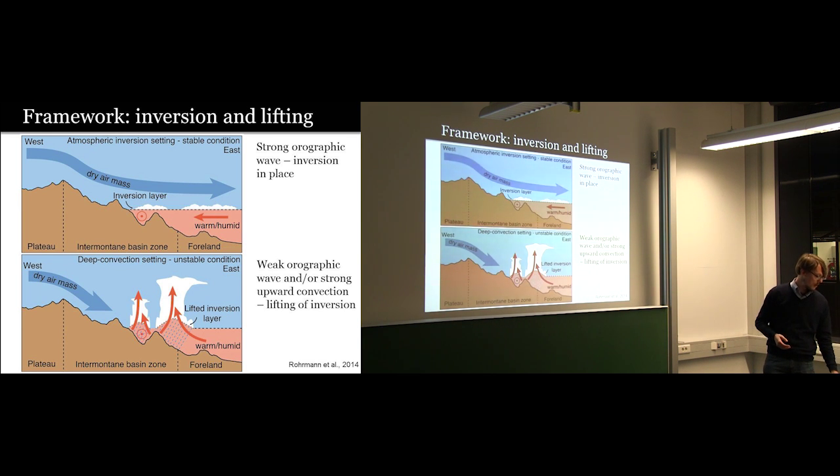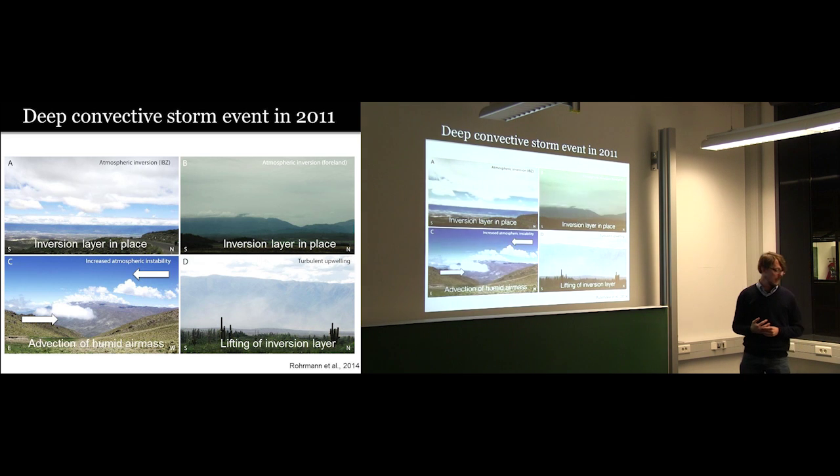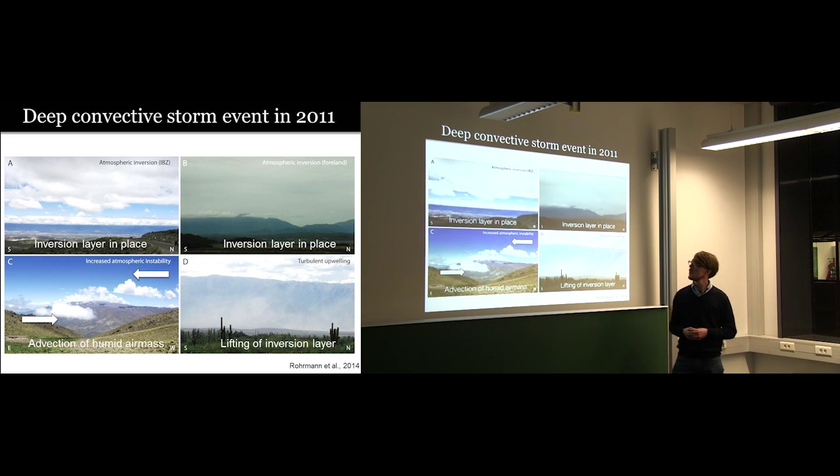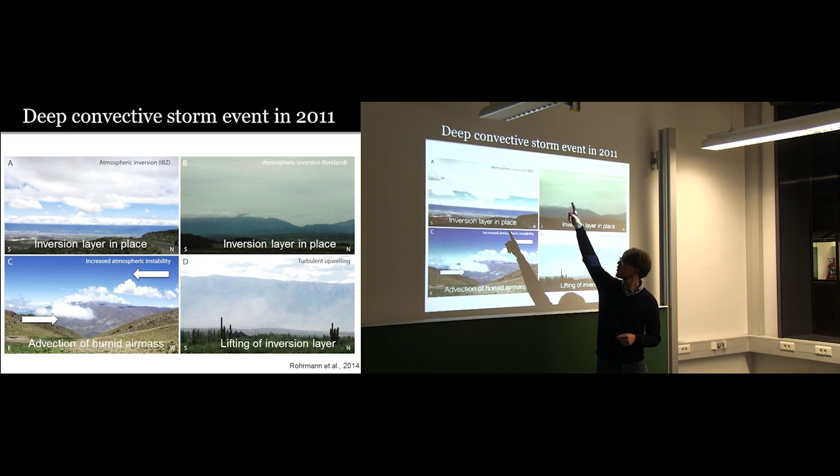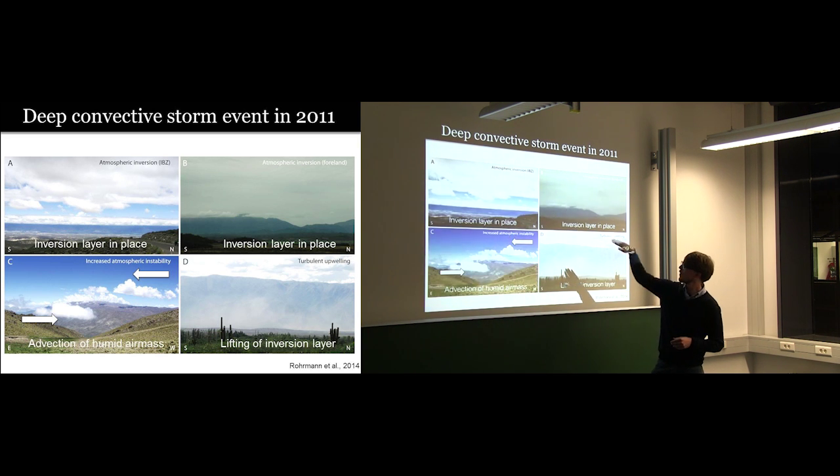We observed this in a very nice deep convective storm event in 2011. In the morning we had this kind of inversion in place. So you're looking westwards towards the Altiplano Puna Plateau.